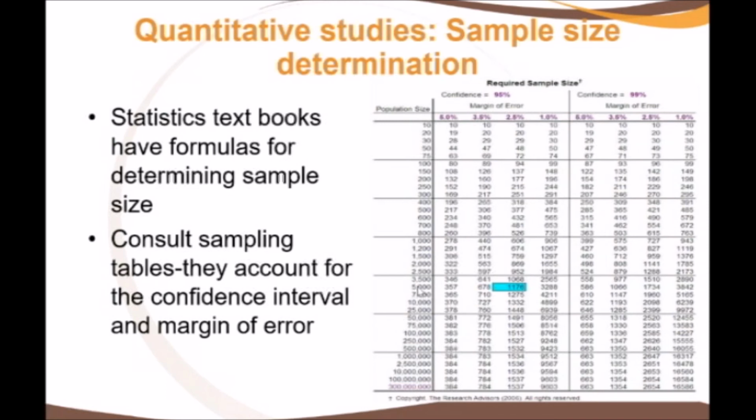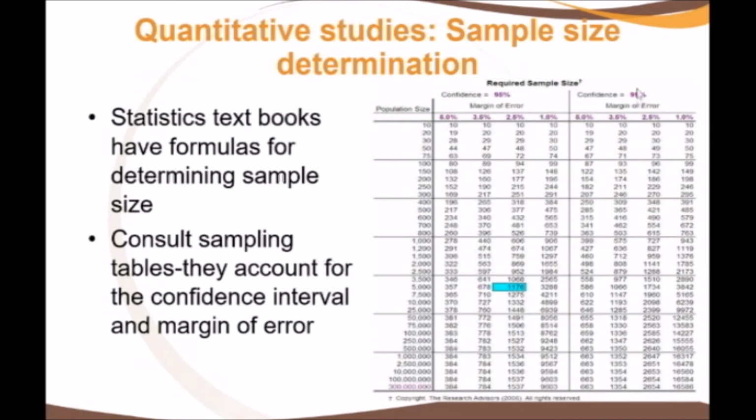He has a population of 5,000. That's the village, wherever he's going to study, has a population of 5,000 households. So he wants to determine how many households he should sample. And he wants to be 95% confident, and he's allowing for 2.5 error. So the table says he can select up to 1,176.